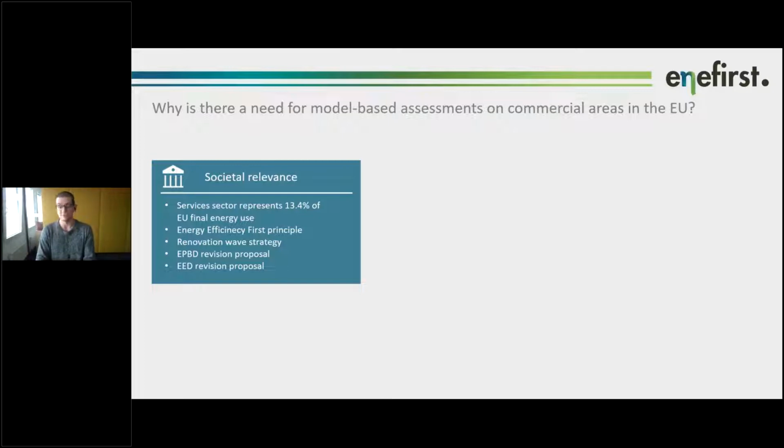This has a couple of ramifications, for example, for the EPBD proposal, as well as for the EED, which suggests, for example, the aspect of local heating and cooling plants for municipalities greater than 50,000 inhabitants.